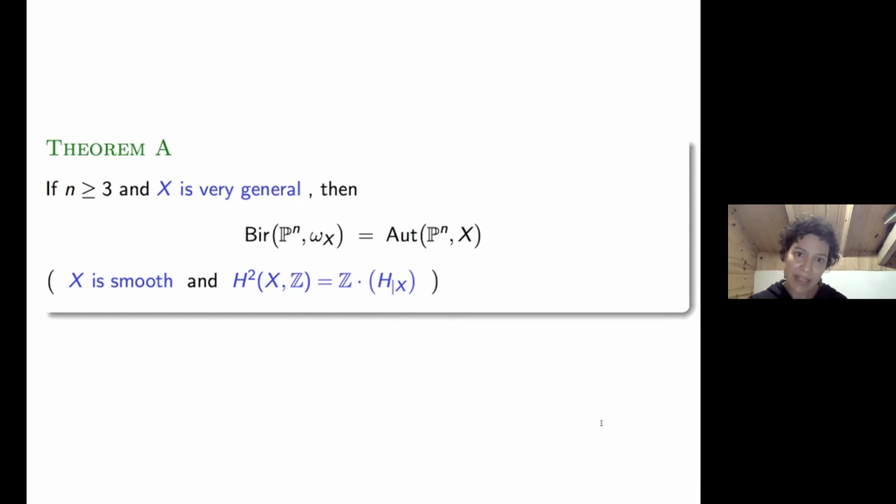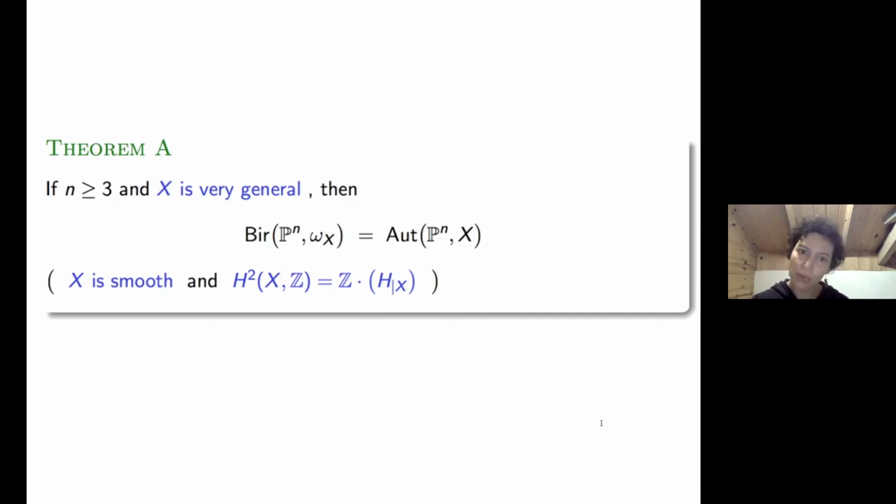So it says that if you want to use this type of tools, say to construct some interesting subgroups of the Cremona group, and this is certainly a very natural problem, then you have to choose a special hypersurface.